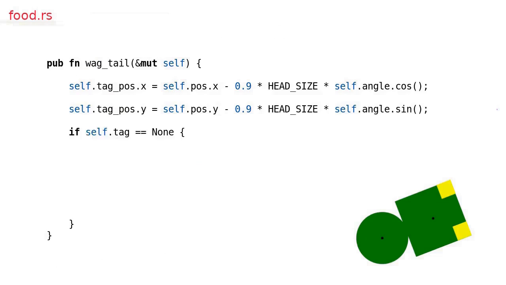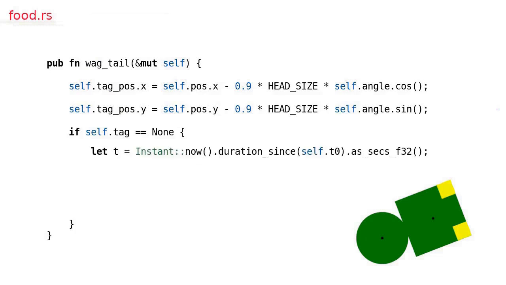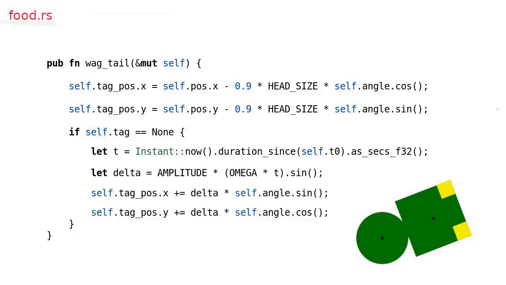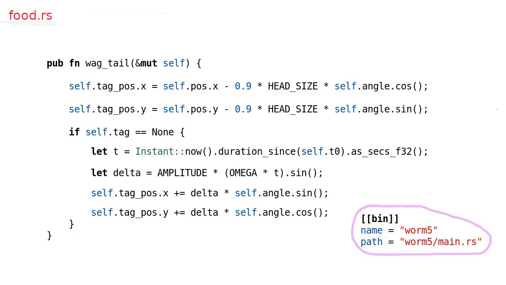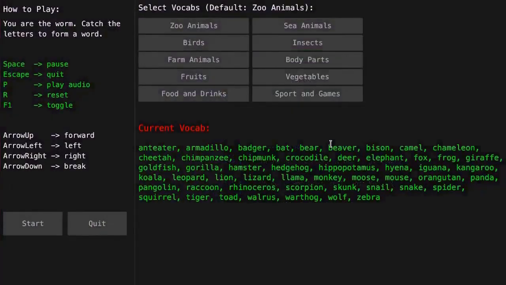If the food object is a monster, the tail will sway from side to side over time. The variable delta represents the position of the tail relative to the center position. Adding this relative position gives us the final tail position. Finally, we must specify the code path in the cargo.toml file. Let's run the application.